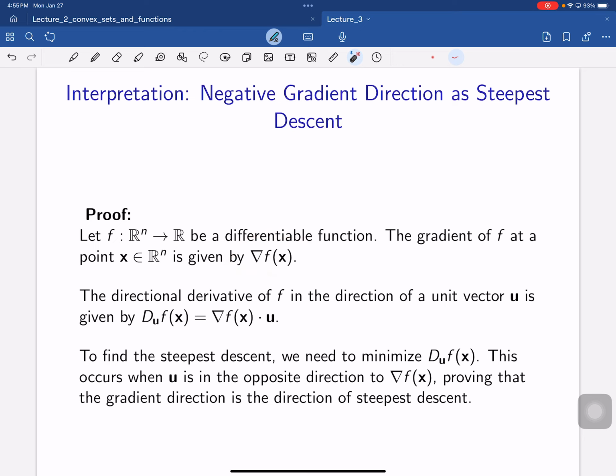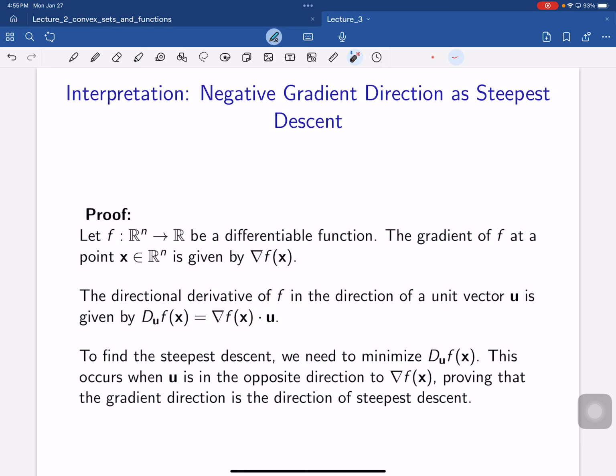So if you take the directional derivative of f in the direction of a unit vector u, let's suppose you can take different directions at a given point x, then the directional derivative is given by the inner product of the gradient and this vector u. You can take any arbitrary direction u, and let's assume u is a unit vector.